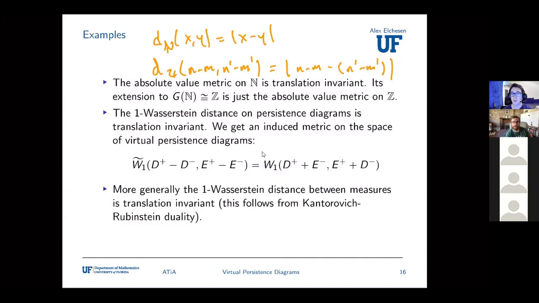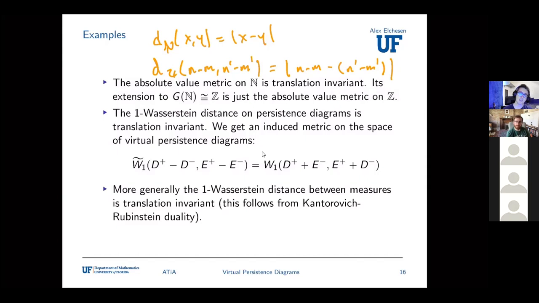For us, the one Wasserstein distance, it turns out, is translation invariant, and the other ones aren't. For p greater than 1, you never have translation invariance, at least in the settings we care about, of persistence diagrams in the plane. In particular, we get an induced metric on the space of virtual persistence diagrams defined this way, by the swapping thing that I talked about. More generally, the one Wasserstein distance between measures is translation invariant. This is well known and follows from Kantorovich-Rubinstein duality.